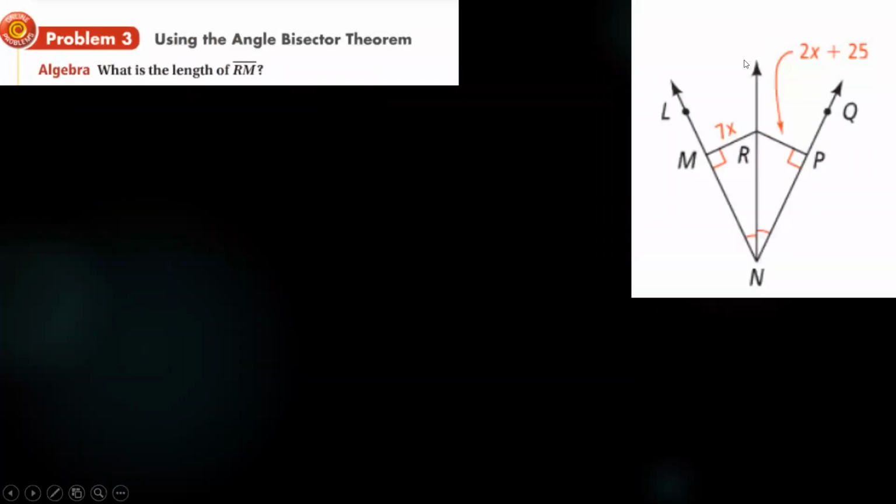Now let's solve problem number 3 here. What is the length of RM? Now look here. Here we have RN. Can I say that RN is an angle bisector?